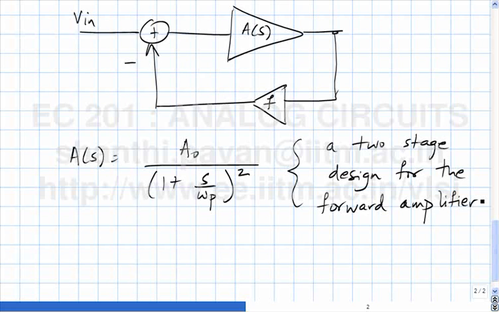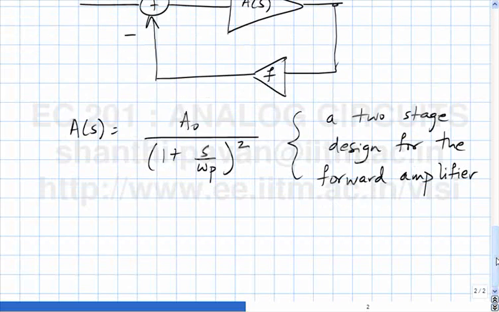The hope is that the A naught you can get here is considerably higher than what you could get with a single stage. What would be the closed loop gain now?